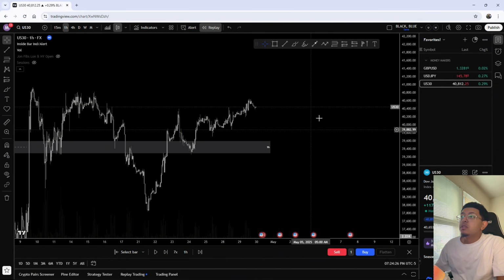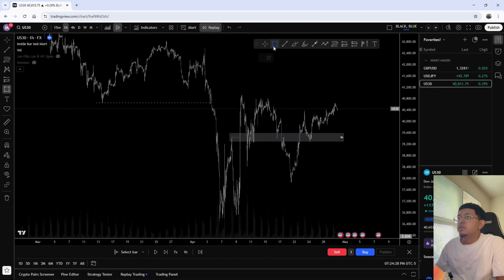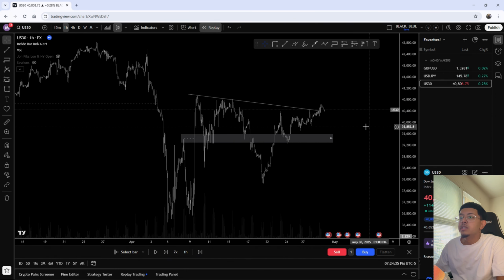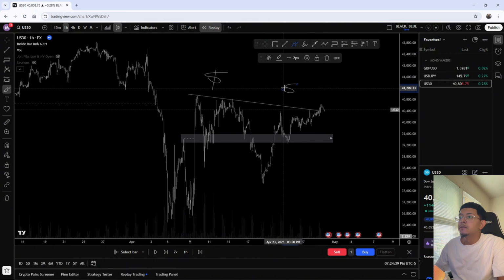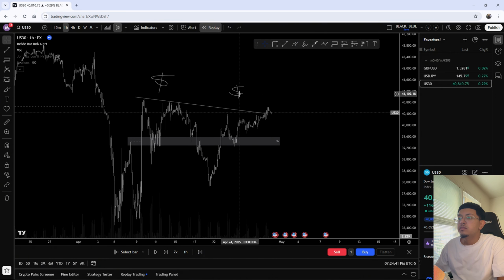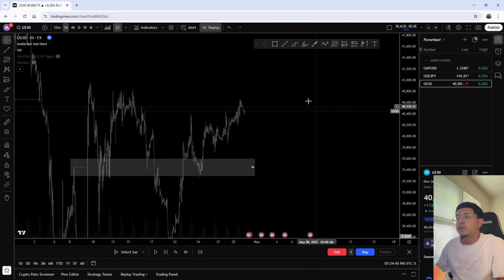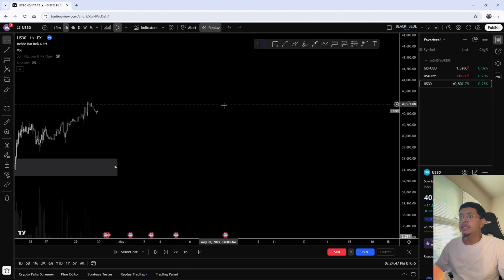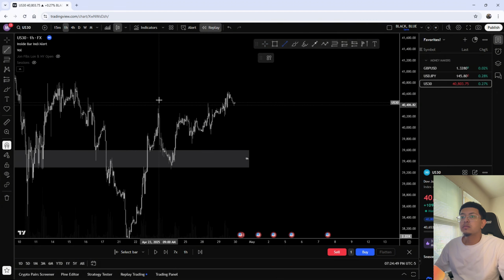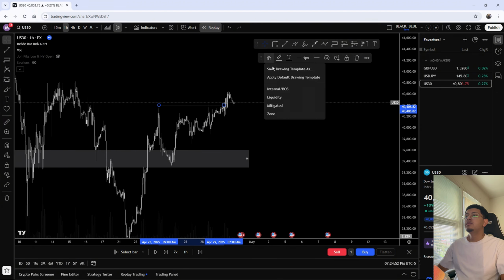And this thing's been moving slow. So on US 30, I wanted price to break these highs, right? Previous highs. It's just making a trend line, building up liquidity for buyers, right? So what I anticipated is I marked up the internal structure, right here.